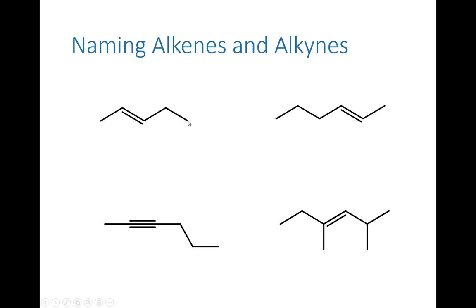And if I number from this side, 1, 2, 3, it begins on 3. So 2 is better. We want the lower number, 2. So 5 carbons would be pentane. Because it's an alkene, it becomes pentene. And since it begins on carbon number 2, this is 2-pentene.